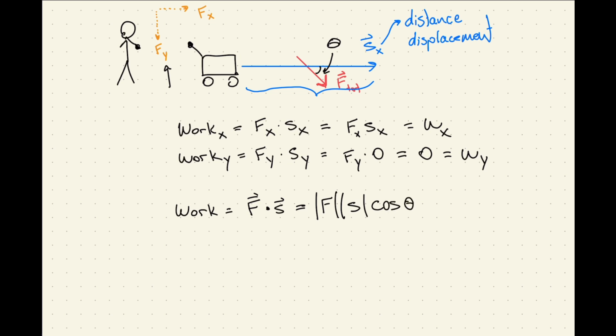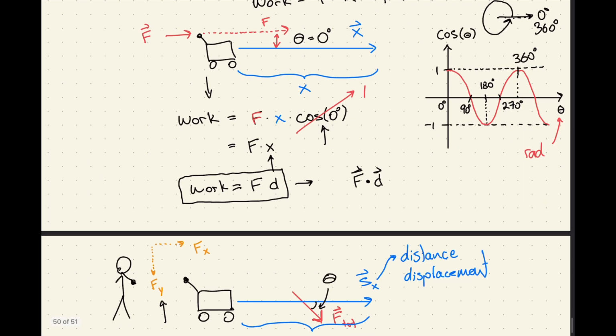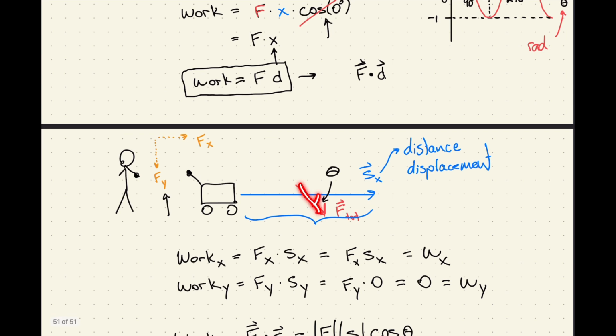If you plug in cosine of theta is equal to, let's say, in this case, it was 30 degrees. Cosine of 30 degrees, if we look back at this graph over here, let's say it was 30 degrees. I mean, this angle here could be anything. It's not going to be 90 degrees because 90 degrees is going to be if they're facing like that. And it's not going to be 0 degrees because 0 degrees is when they're facing together. So it's something between 90 and 0.